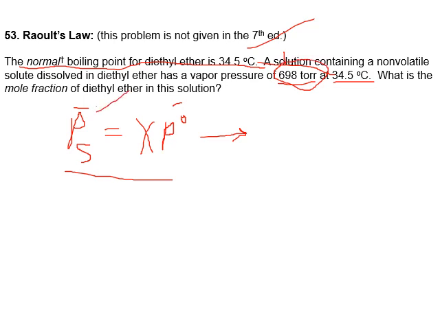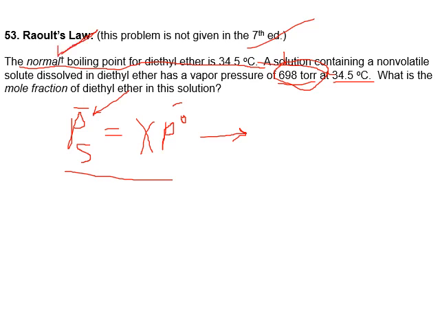So the formula is going to be that chi equals PS over P naught, and the PS is going to be 698 torr. But what's the P naught? They don't really give you any way to figure this out. So you either can't do the problem at all, or you have to realize that when they say the normal boiling point, what they mean is the boiling point at 1 atmosphere.